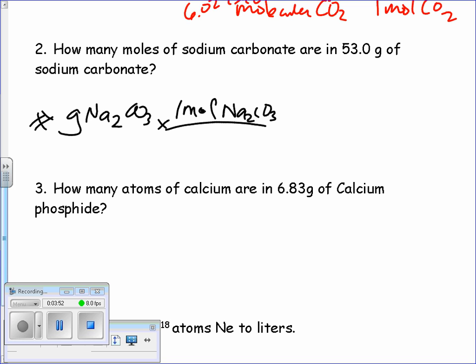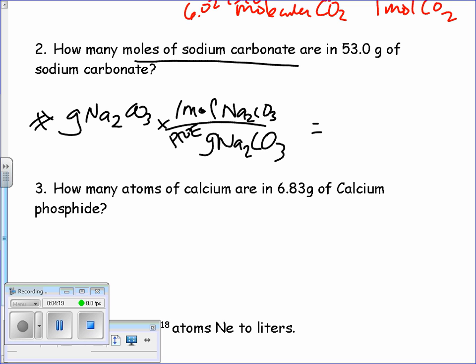And on bottom? Don't tell me the number, just tell me what the process is. You have to find how much the compound is. So you'd say grams of sodium carbonate on bottom. So you'd find that straight from PTOE. So just put PTOE there. Okay, so then we have grams and grams canceling. Now we are stuck in moles. What do we want to get to here? Moles of sodium carbonate. Are we done?